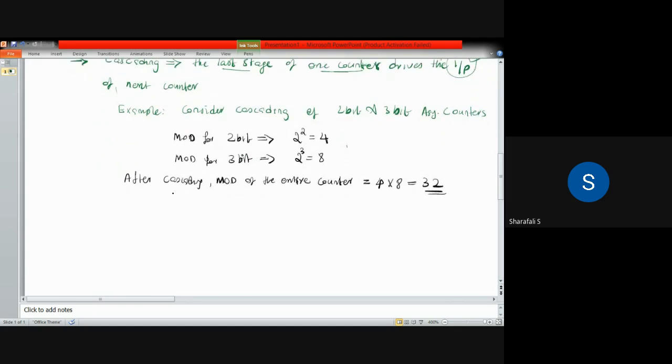Now if you want to draw this, I'm just drawing it schematically, so I'm not going to explain the operation in detail. We have a 2-bit counter and a 3-bit counter.